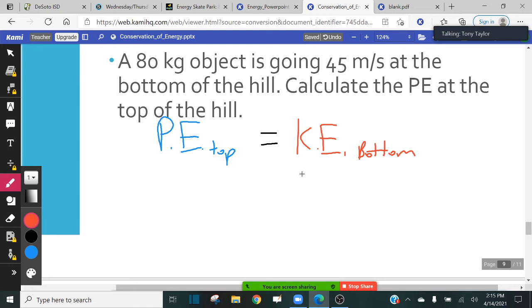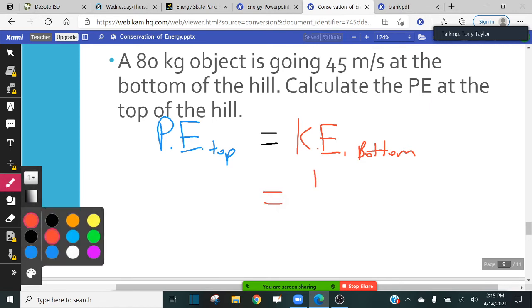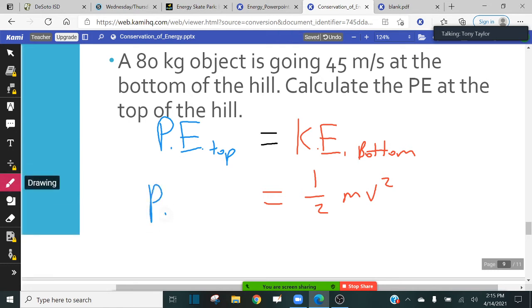But they do give us enough information to calculate kinetic energy. Y'all know the equation for kinetic energy is 1/2 times mass times velocity squared. So if we plug everything into our equation, 1/2 times mass times velocity squared, that will immediately tell us what our potential energy is at the very top.